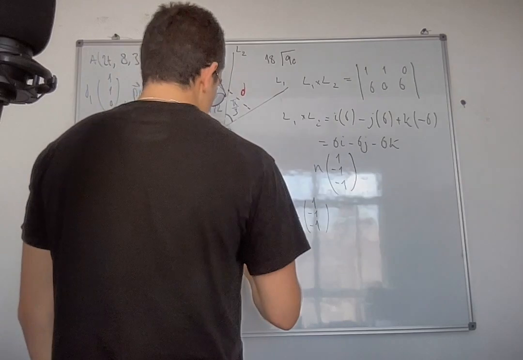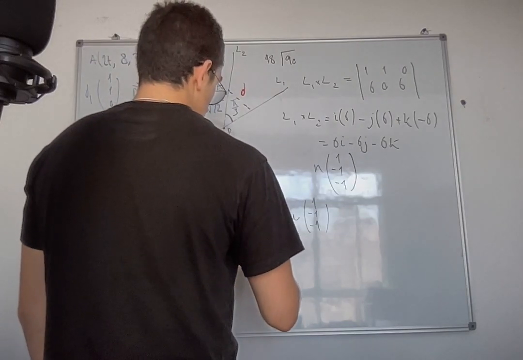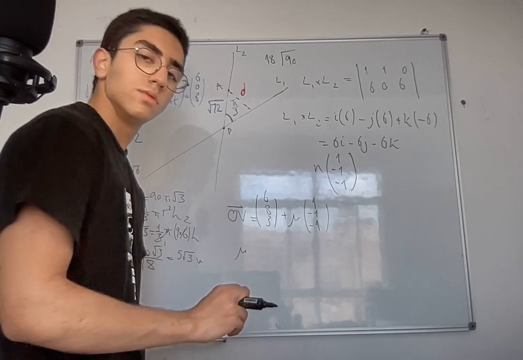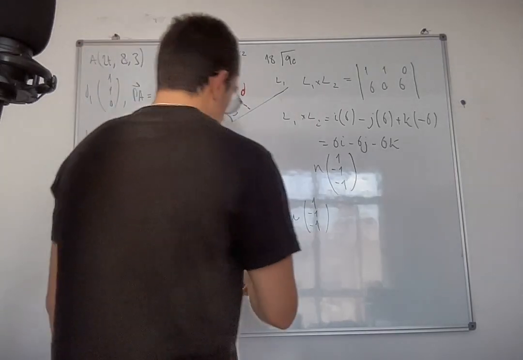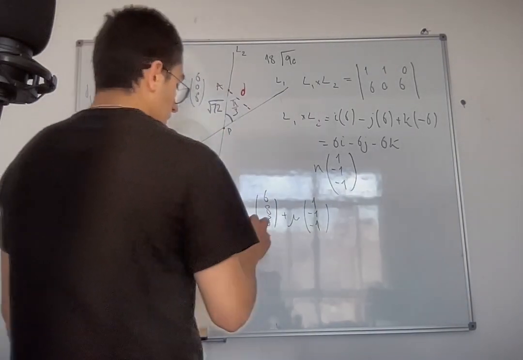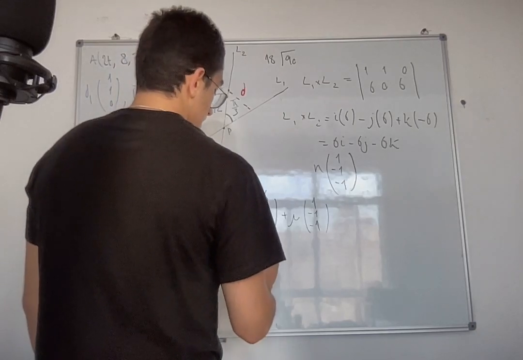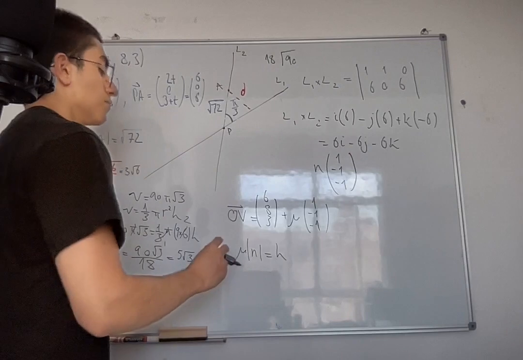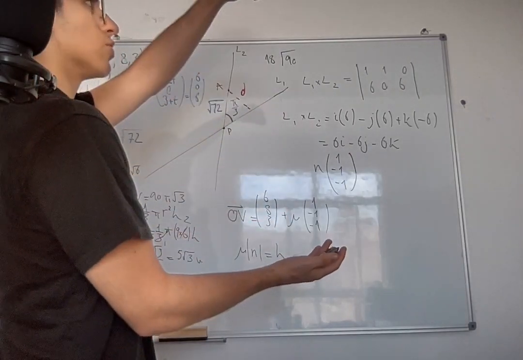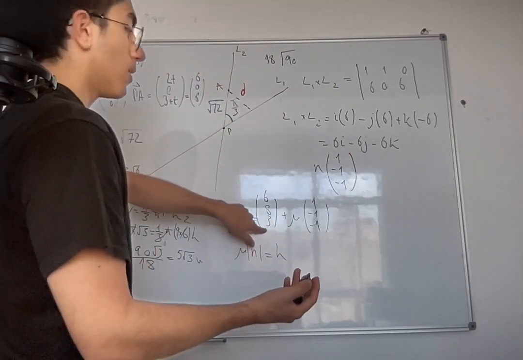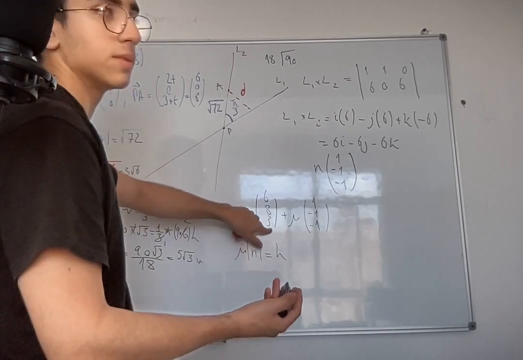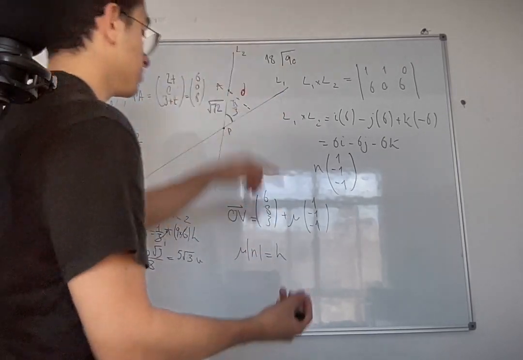So mu times the magnitude of n is equal to the height. It's going up. We don't care about the point because it just gives us the position, but the direction vector is important.